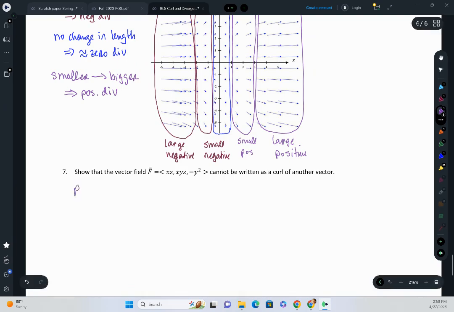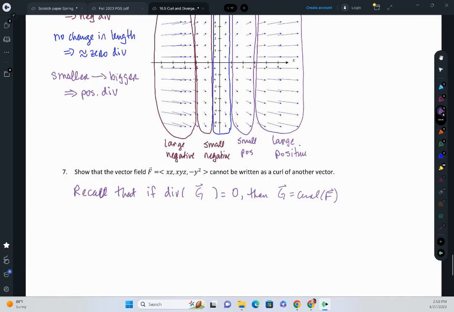So what we have to recall is, if the divergence of G is equal to 0, then G must be the curl of some other vector F. That's how I want to write it, okay?